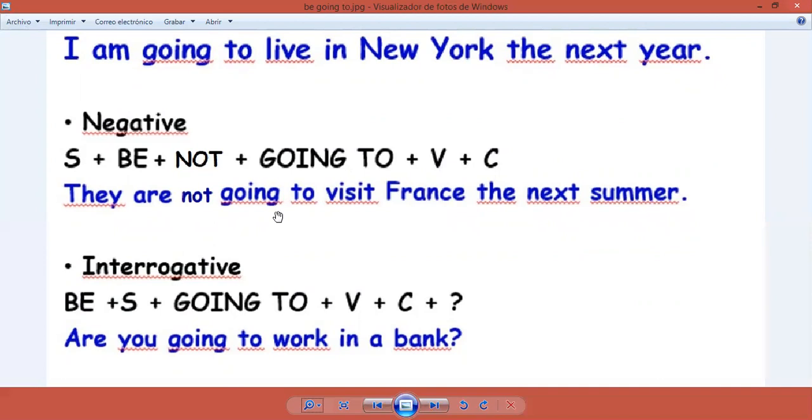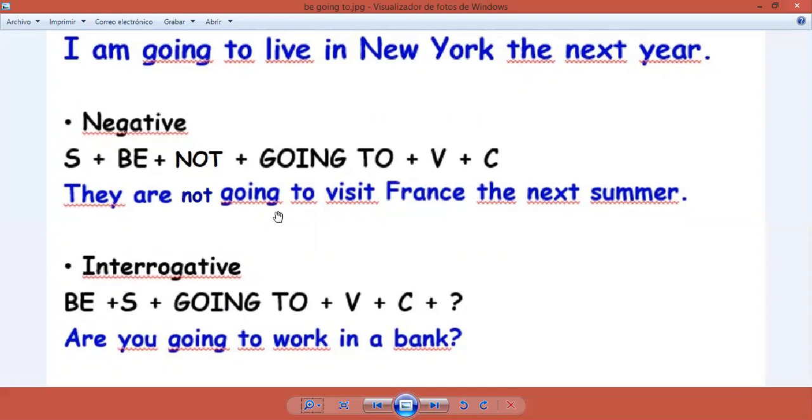Okay, very good, great. And we have the interrogative form. We use first the verb to be: am, is, or are. Then we use the subject pronouns. We use going to, that is a key, going to. We use the verb, we use the complement and the question mark. Okay, example. Okay, very good.